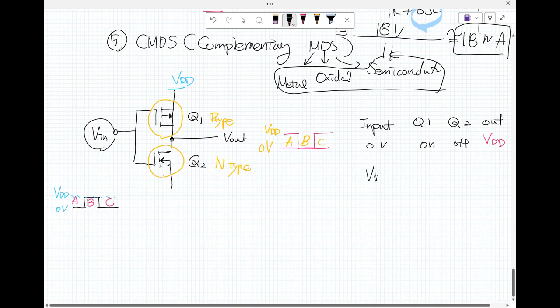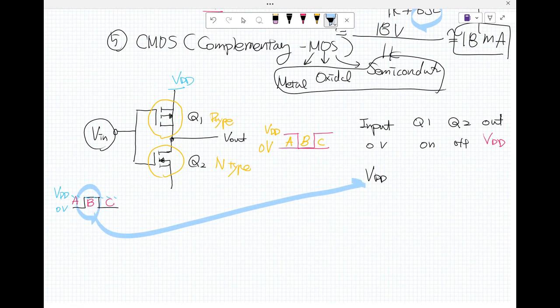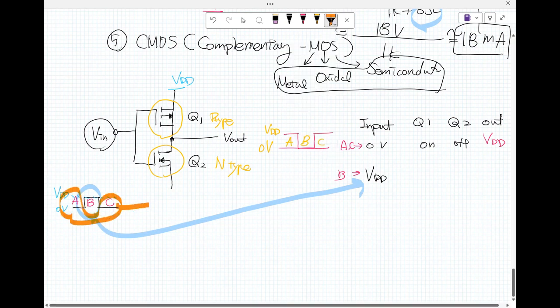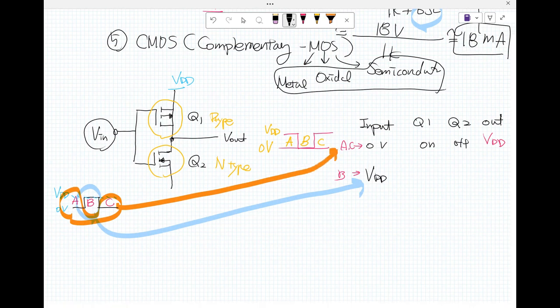However, when the input is V sub dd, just like B here, the Q sub 1 is off and Q sub 2 is on, because the input is high, right?